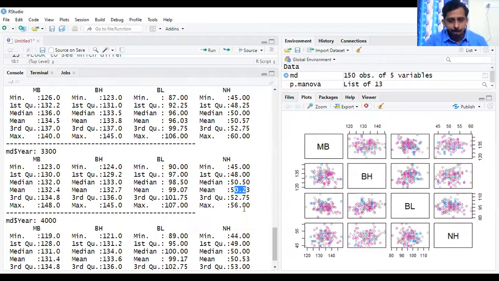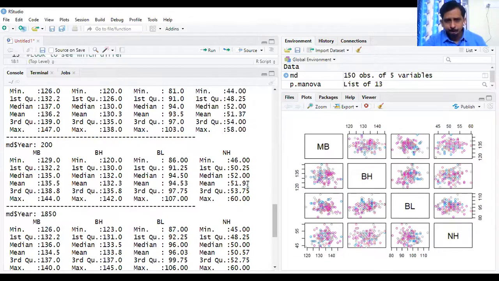See, 50.53, 50.23, coming from BC to AD. 50.53 was the average nasal height in 4000 BC. Then during 3300 BC, it was 50.23. In 1850 BC, it was 50.57. Then it is around 51.97, and then it came to 51.37.